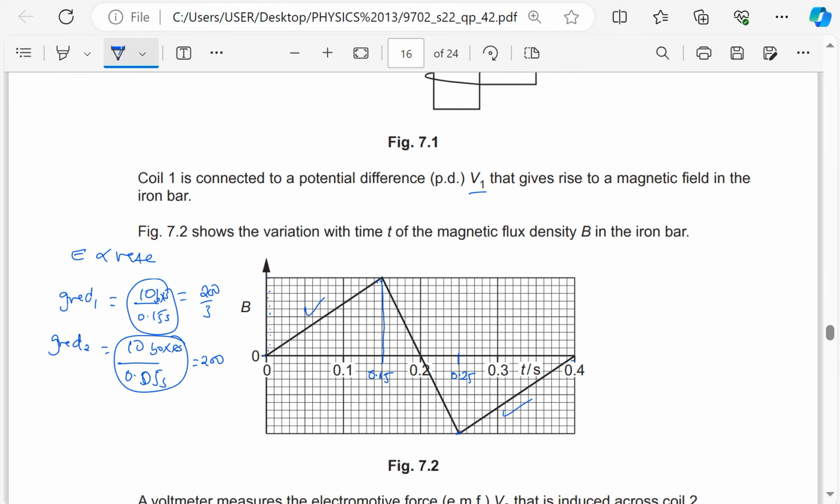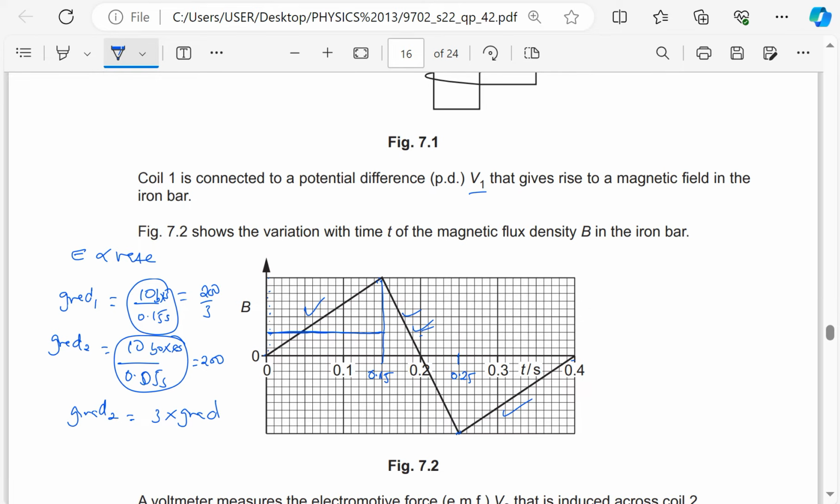So the gradient for this part here is going to be 3 times the gradient for the first part. You notice that gradient 2 is 3 times gradient 1. So if the first part is represented by 3 boxes, the second part will be represented by 9 boxes.